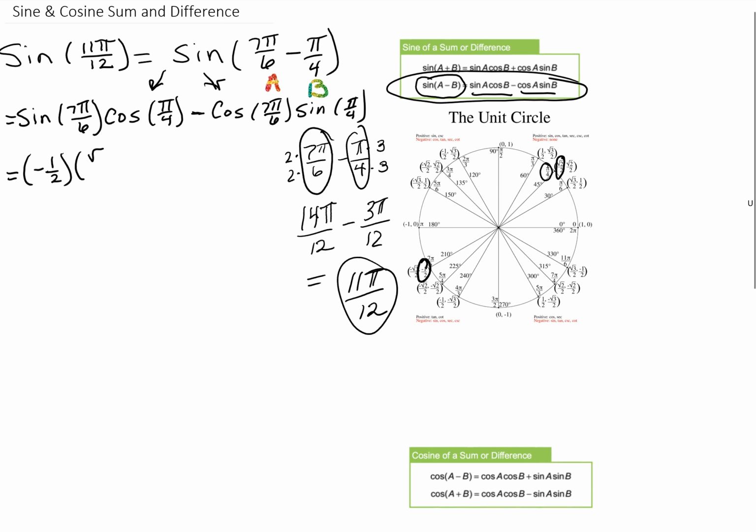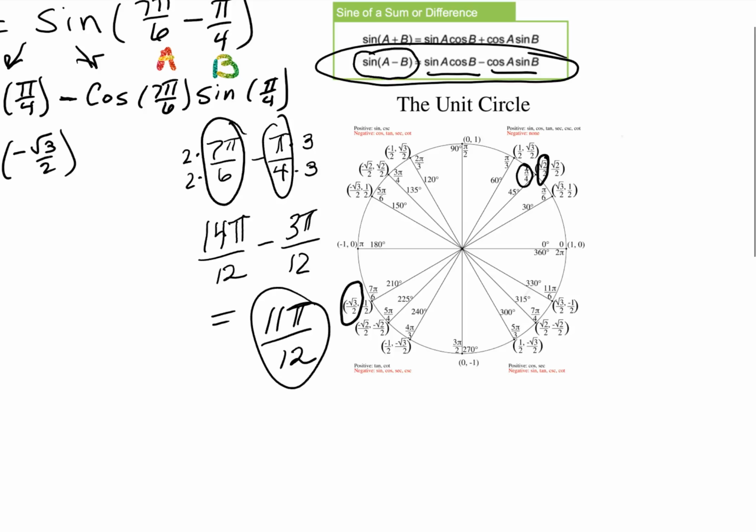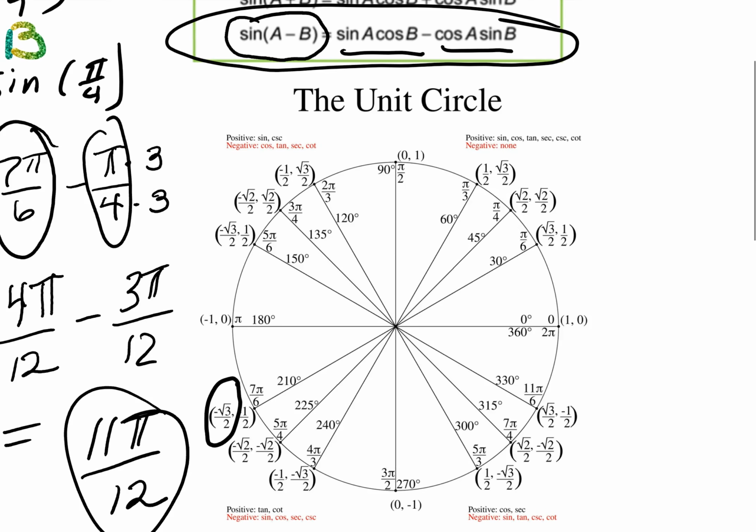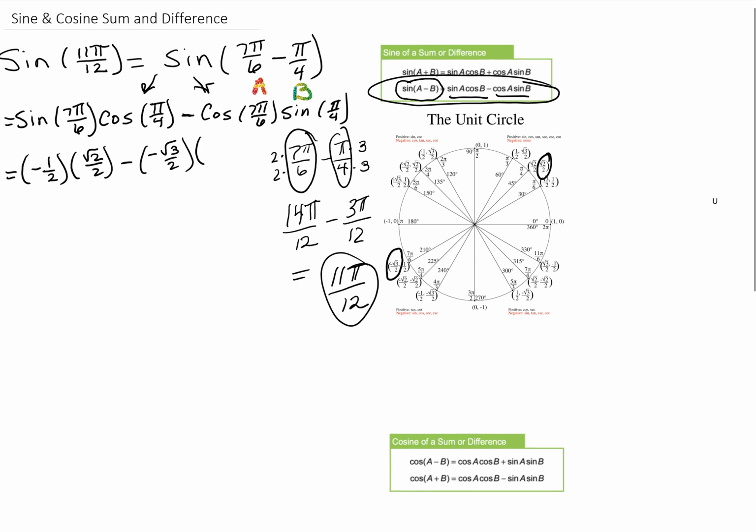So I'm going to write that right here. Minus the cosine of 7 pi over 6. So the cosine is this right here, negative square root of 3 over 2. And then the sine of pi over 4 is this right here, square root of 2 over 2. So let's go ahead and write that out.